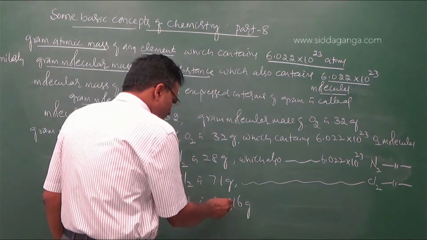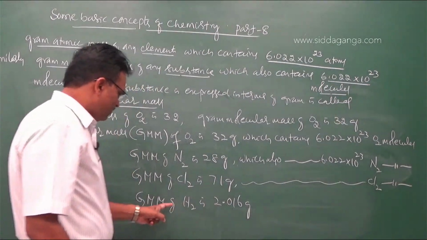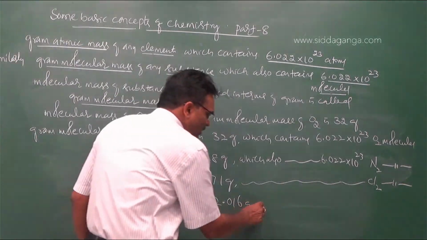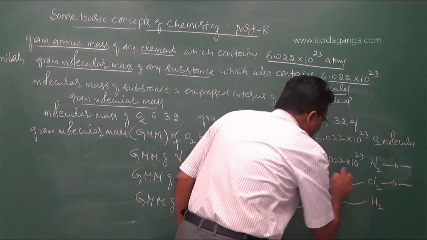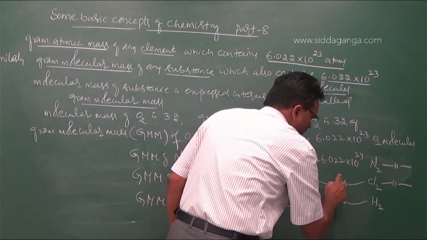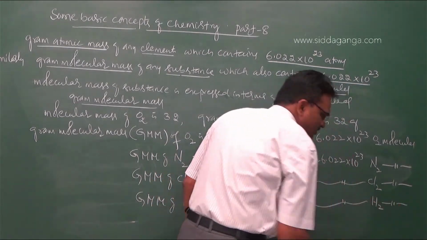Therefore, 2.016 gram of hydrogen also contains Avogadro number of hydrogen molecules.